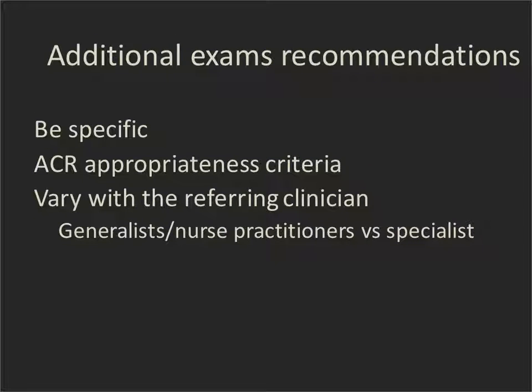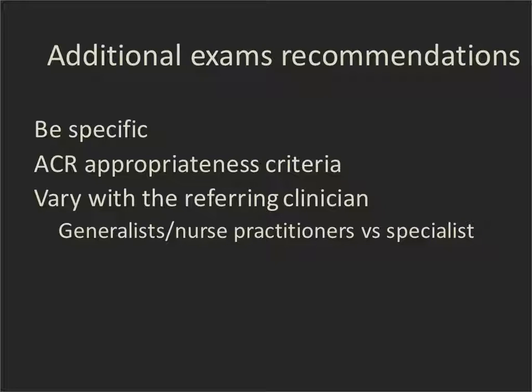If you're going to recommend additional examinations, be as specific as possible and try and use the ACR appropriateness criteria. So we're using evidence-based recommendations here. Whether you recommend them or not may depend on the referring clinician.